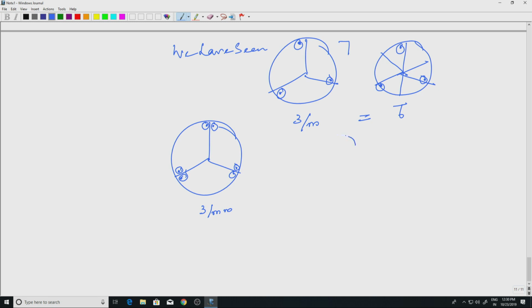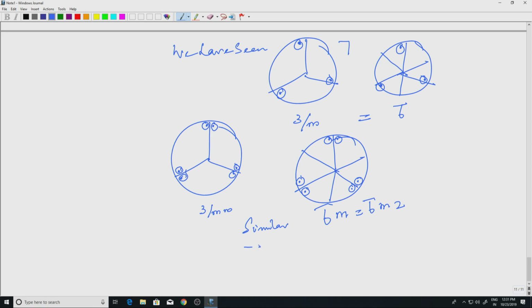Now let us see six bar m is equal to 6 bar m2. So these two are similar. Therefore, 3 by mm is equal to 6 bar m or 6 bar m2.